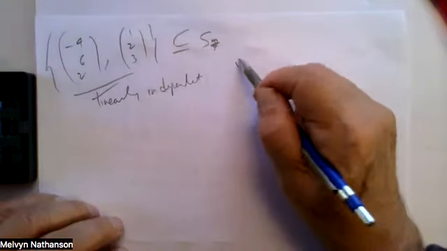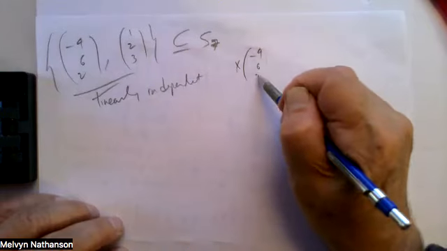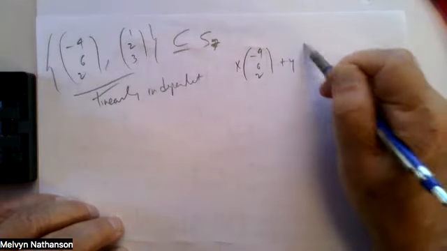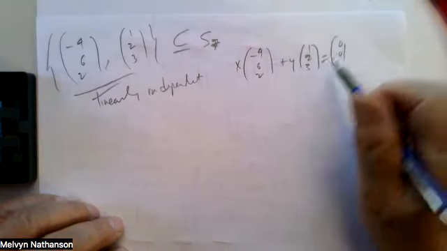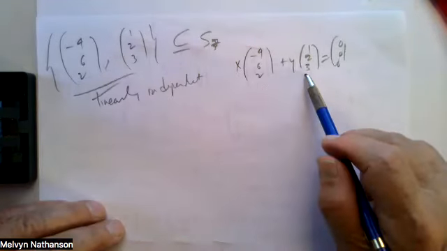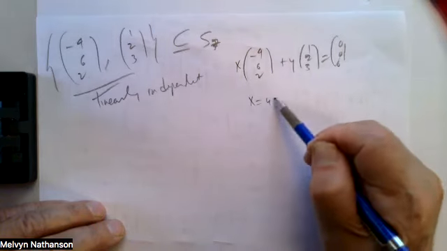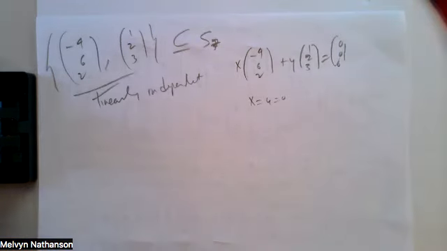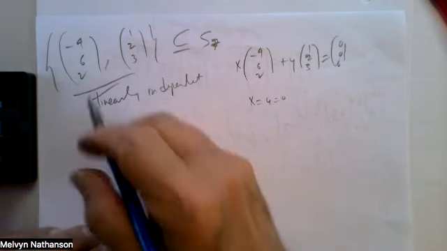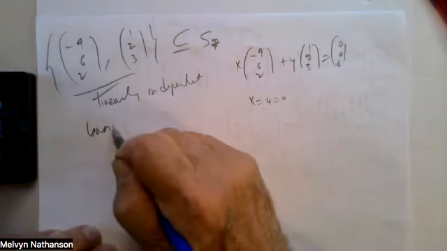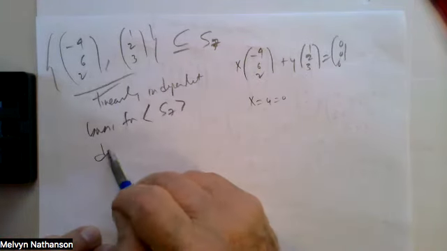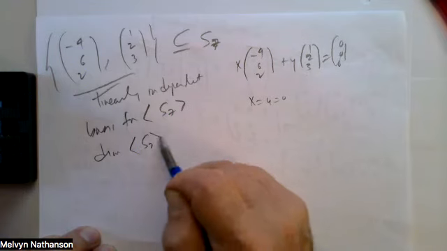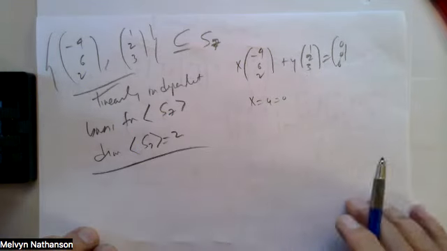Again, if you write down x times -4, -6, 2 and y times 1, 2, 3 equals 0, 0, 0, you'll see the only solution of this equation is x equal y equals 0. So this forms a basis for the subspace generated by S7, and the dimension of that subspace is going to be 2.